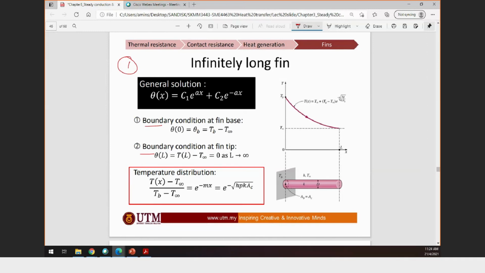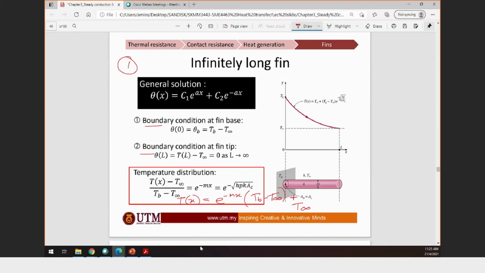If you rearrange this equation, you get T as a function of e to the negative mx, times (TB minus T surrounding), plus T surrounding. This is your aim, because you want to know the temperature across the fin.